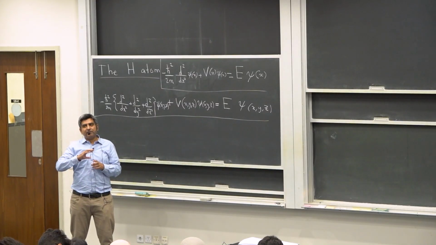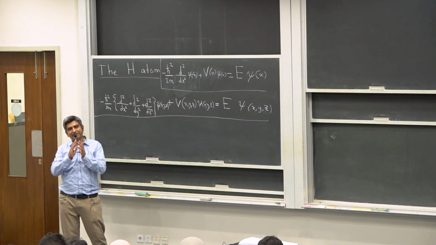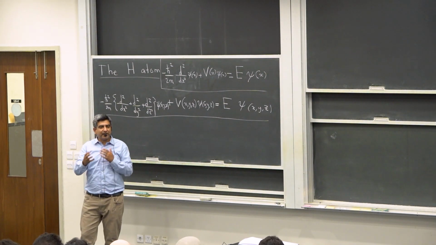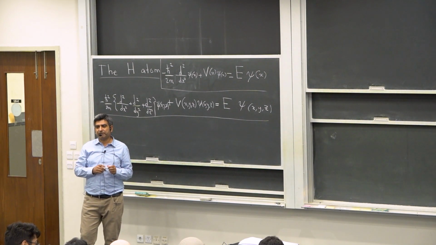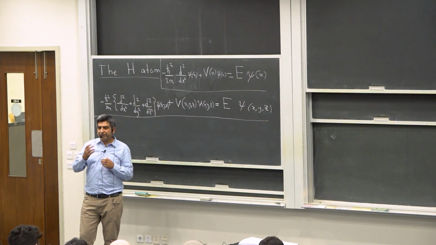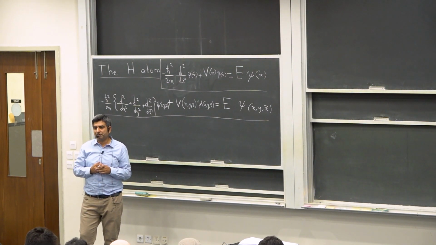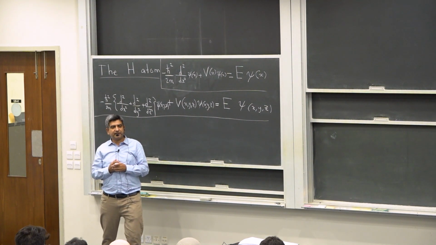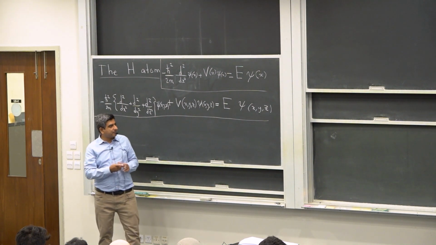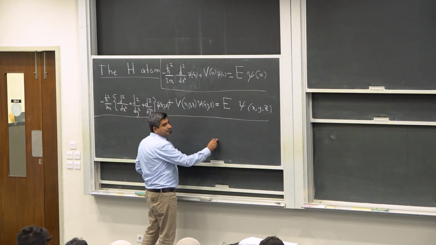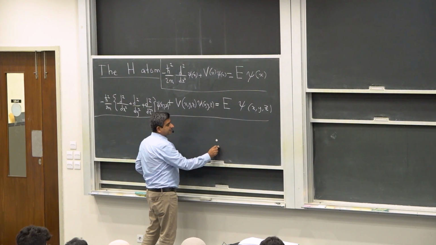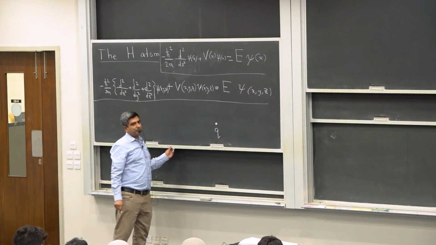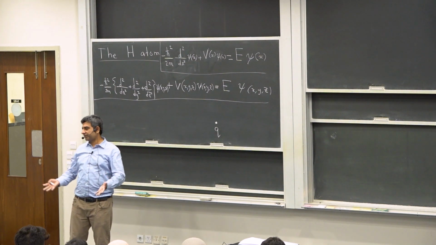So for an electron that is seeing a nucleus, what kind of forces is it seeing? What kind of fields does it see? What kind of interaction does it have with the proton? Electrostatic. So if you have a point charge, some charge q on the proton, what kind of electric fields does it produce?